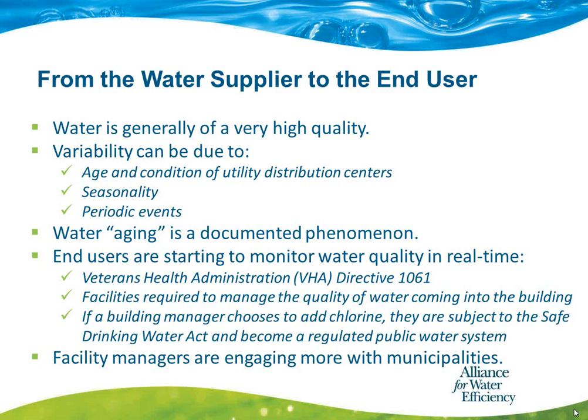So, for example, a hospital is a non-transient, non-community public water system. No question about it. And according to federal law, it's a consecutive system unless the hospital chooses to treat the water. If so, then they become a regulated public water system.